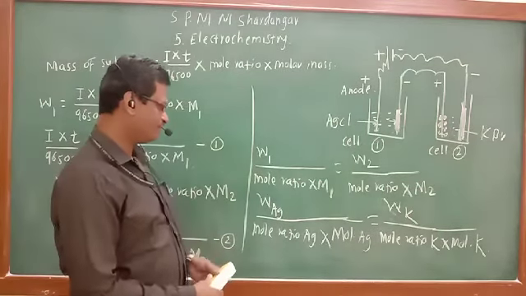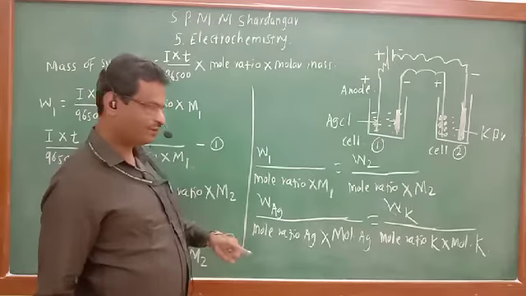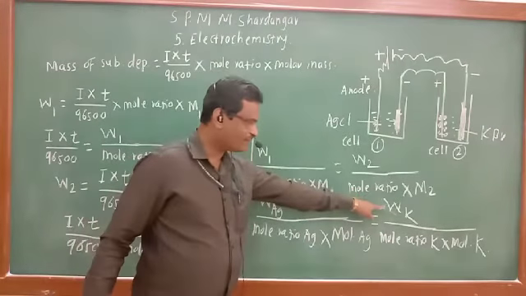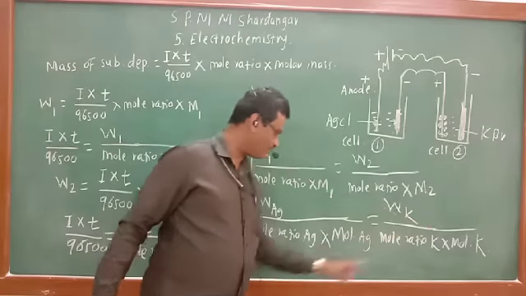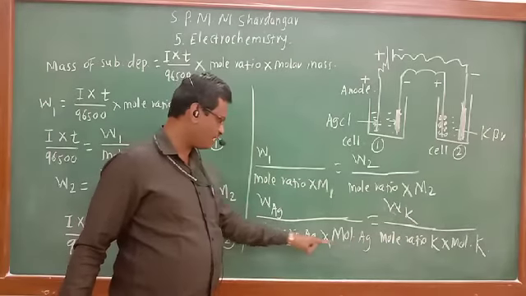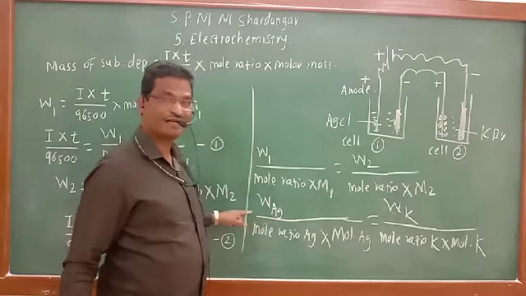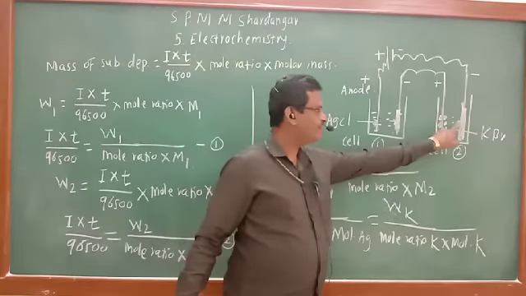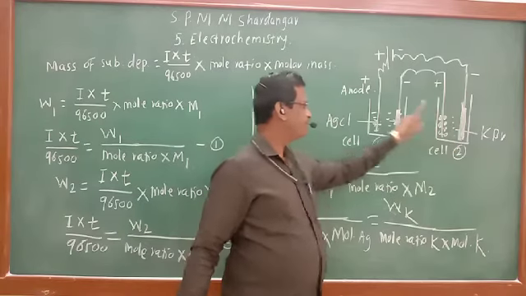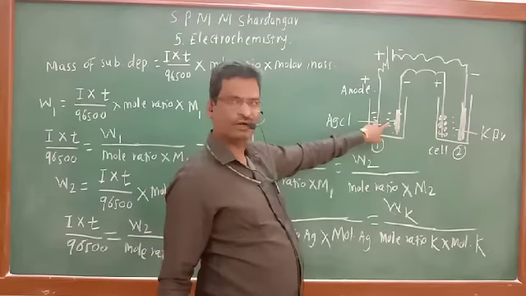Now you will come to know, if we know the mass of potassium, mole ratio, and molar mass, we can calculate the mass of silver. So if we know the mass of potassium, we can calculate the mass of silver.